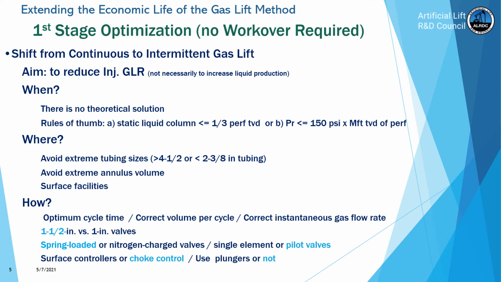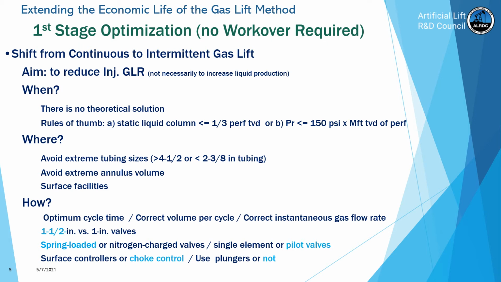Okay. Do we use plungers or not? Plungers are very difficult. I'm talking here about plunger-assisted intermittent gas lift. With a plunger, it increases your maintenance costs and so on.